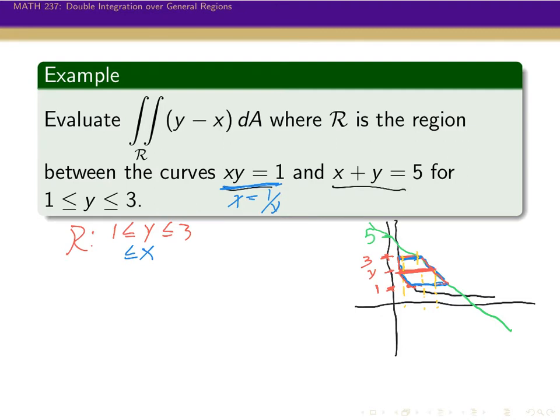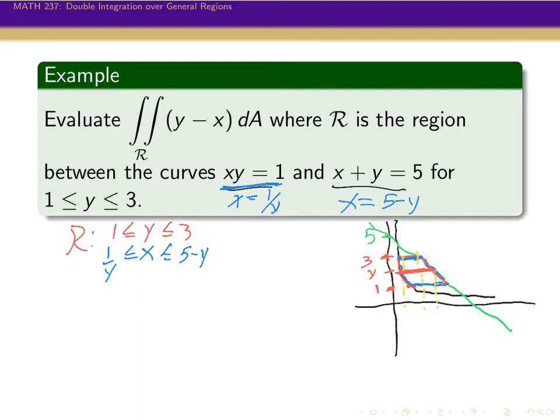Since the hyperbola is the inside function, I have 1 over y there. And then x plus y equals 5 is my outside function. Again, I want to solve for x, so I'm going to write this as x is equal to 5 minus y. So that's how we're treating the region.